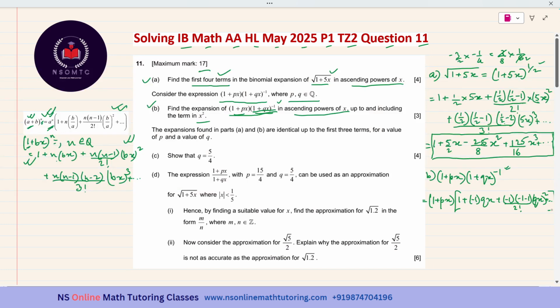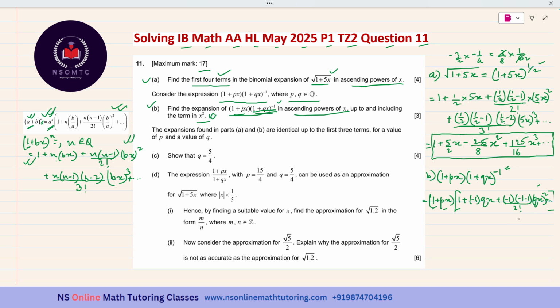Okay, so we are having this, and I do not want to take any other term. I have taken only the first three terms because they have asked us to get the terms up to x square, so this is x square. The next term will be x cube, so I do not need that. And now I can multiply 1 with these three terms and then again px with these three terms.